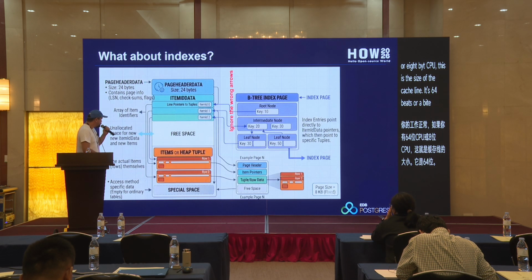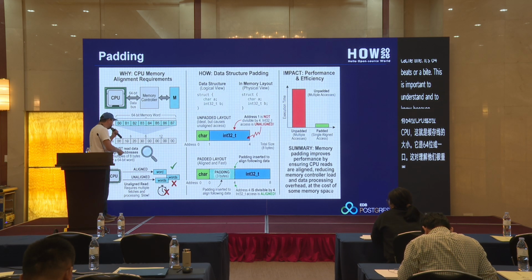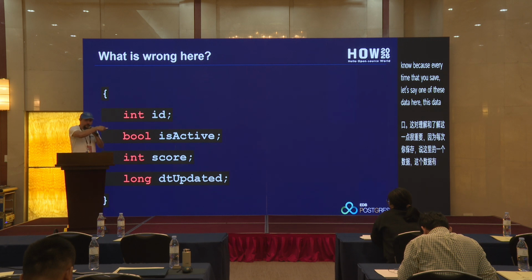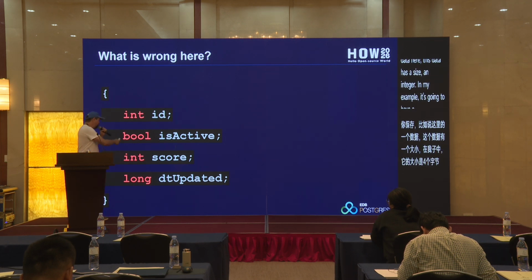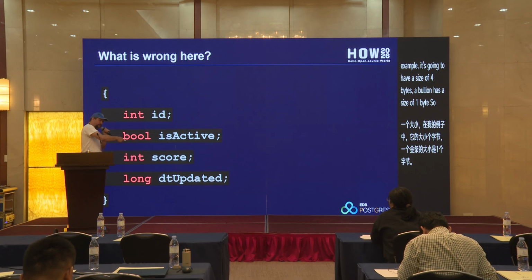This is important to understand and to know because every time that you save, let's say, one of these data here, this data has a size. An integer, in my example, is going to have a size of 4 bytes. A Boolean has a size of 1 byte. So we have 4 plus 1, 5 bytes.